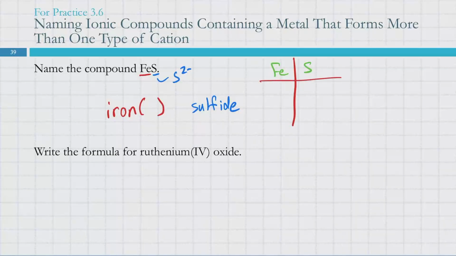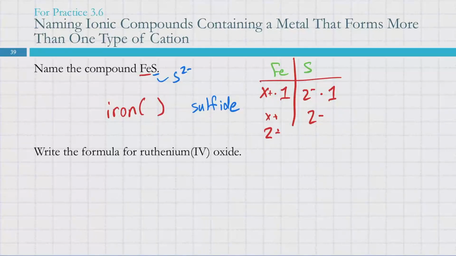So we're starting by looking at our sulfur. Our sulfur is a 2 negative charge. We've got one of them, so it's an overall of 2 negative. The iron, on the other side, we also have only one of them, and we need to figure out what the charge is. It's going to be some x plus. In this case, x plus times 1 equals x plus. So x plus is going to be equal to 2 minus, or the same charge, opposite.